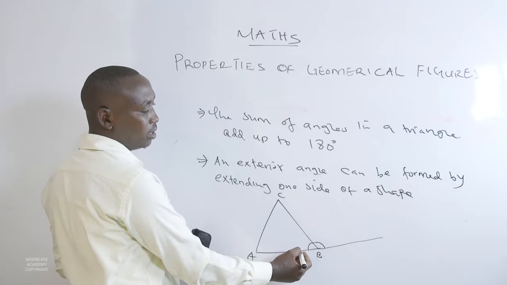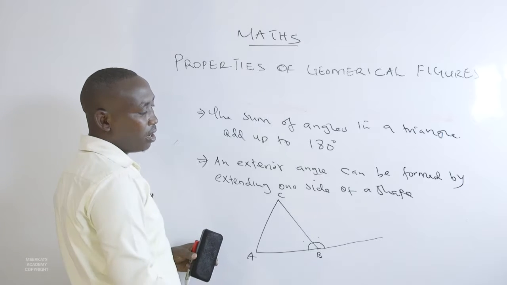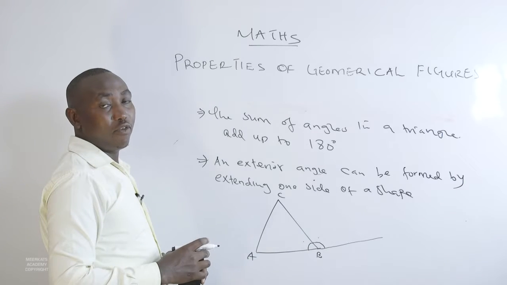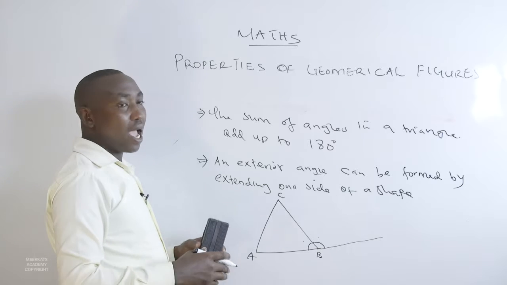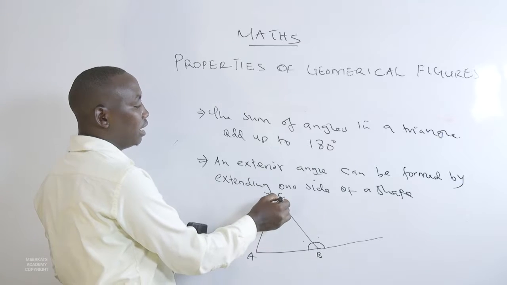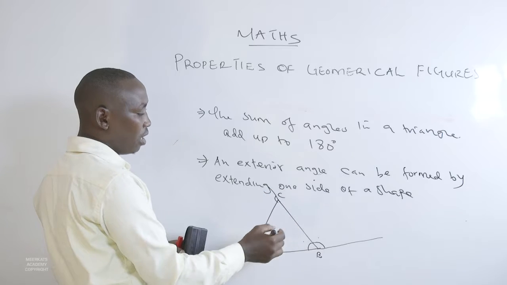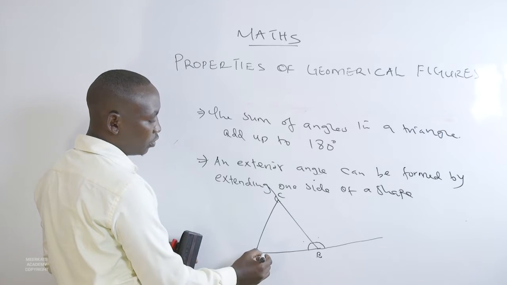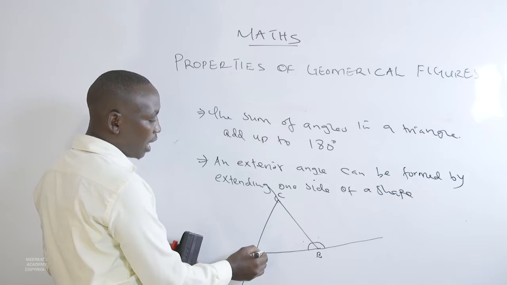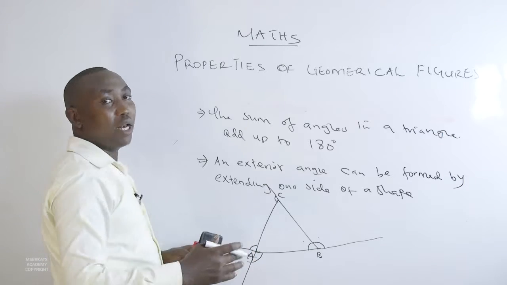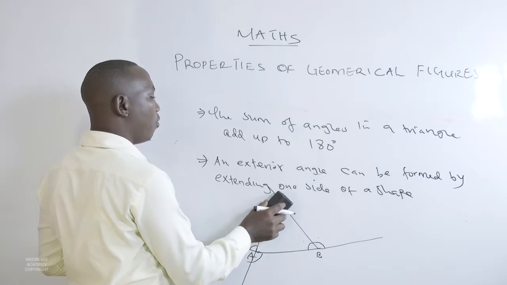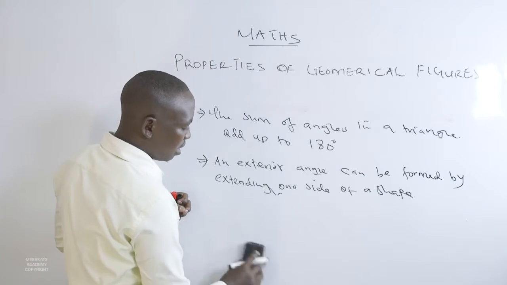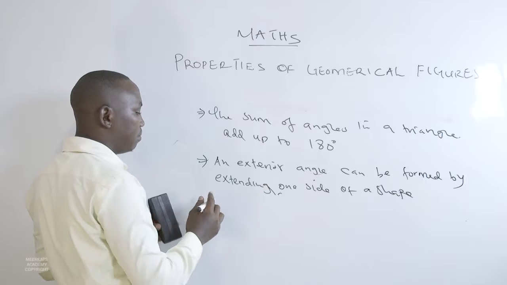Understand that in this case, the interior angle and exterior angle lie on a straight line, forming a straight angle which is 180 degrees. You can extend this to form an exterior angle, you can extend this, depending on where you want the exterior angle to be. Then we have something called the exterior angle theorem.